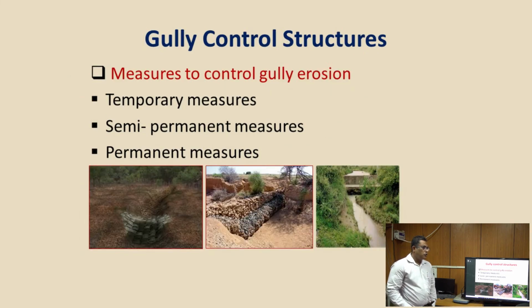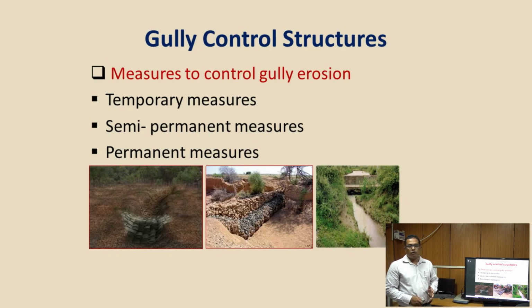Coming to more complicated structures, there are gully control structures. We know gully is one form of water erosion, a severe form of rill erosion, where the rill deepens as well as widens in depth and length. This gully is a prime source for carrying the soil that comes through runoff.